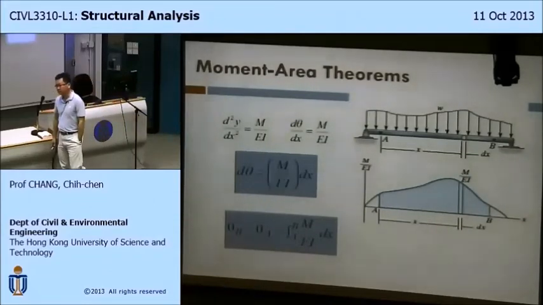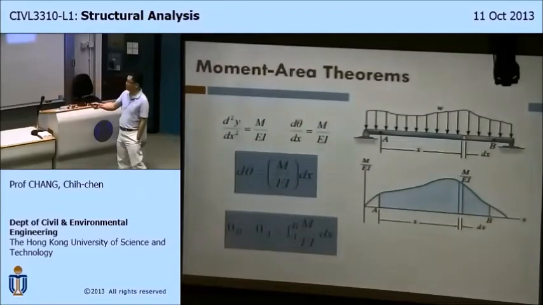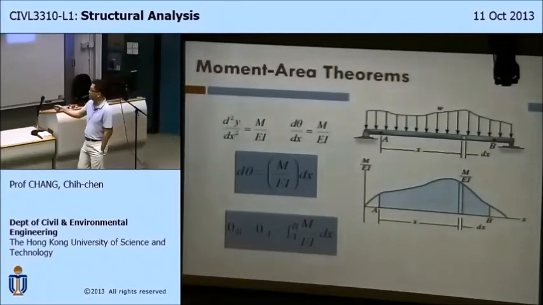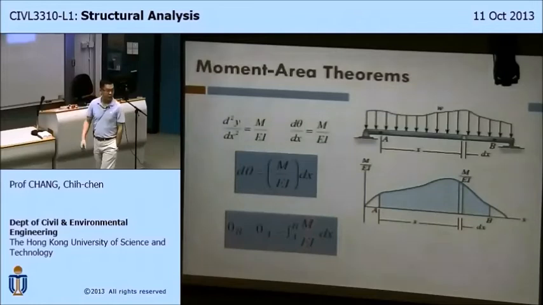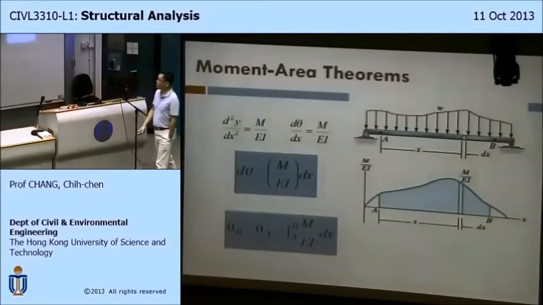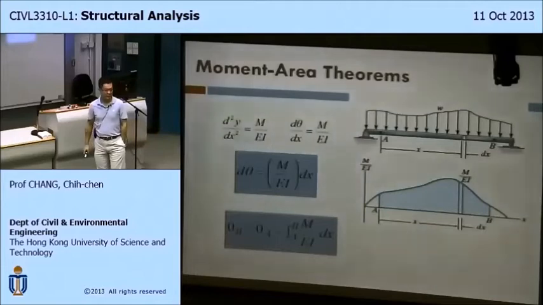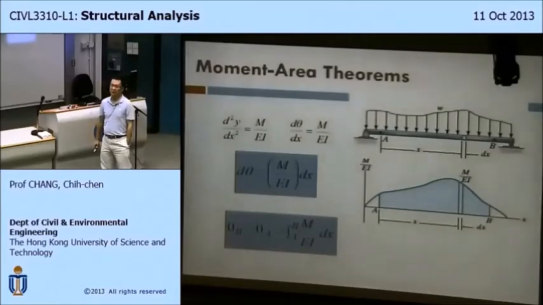So the angle difference between 2 points is simply equal to the area underneath the M over EI line between the 2 points. What you need to do for this calculation is very straightforward. First, you get the bending moment diagram and divide that by EI.